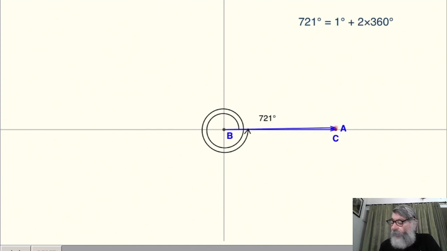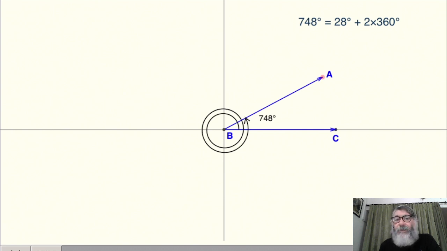If I go further up, again the same angles will be repeated. Now you see 2 into 360. Second round has completed. So 2 rounds it has taken. Now let us come to this point.